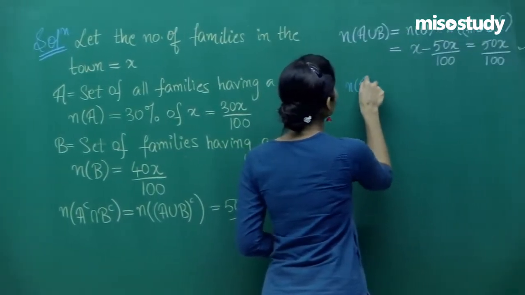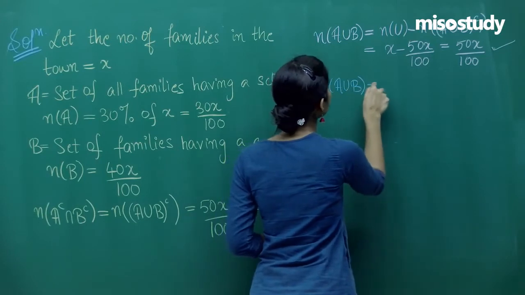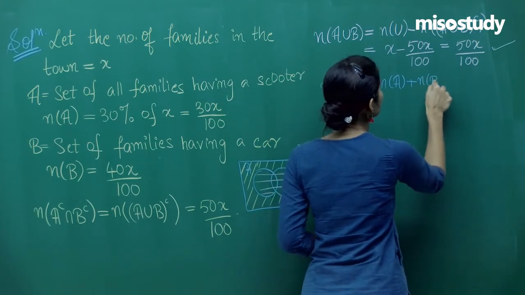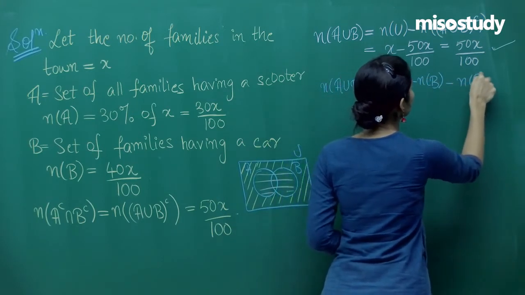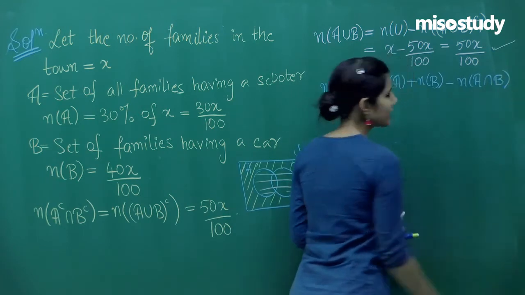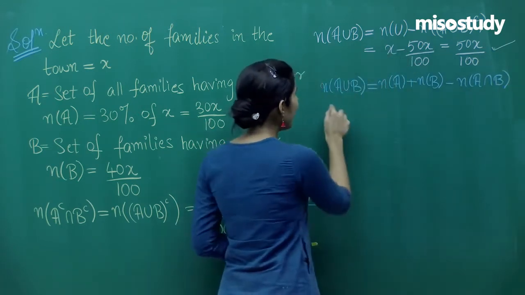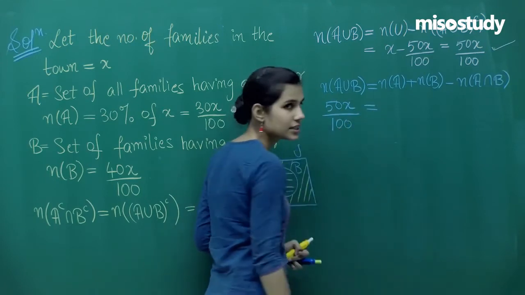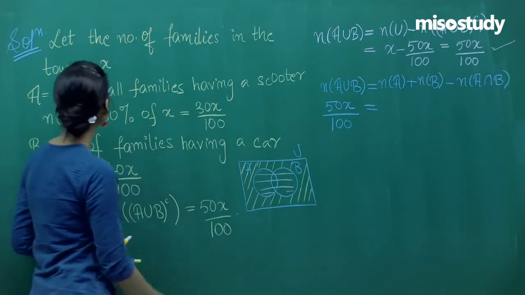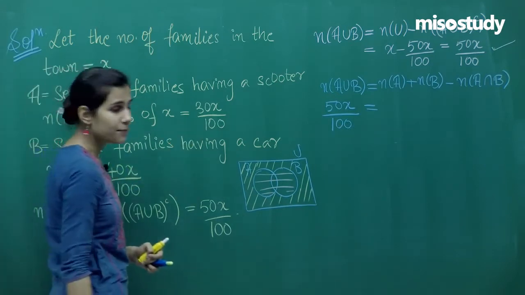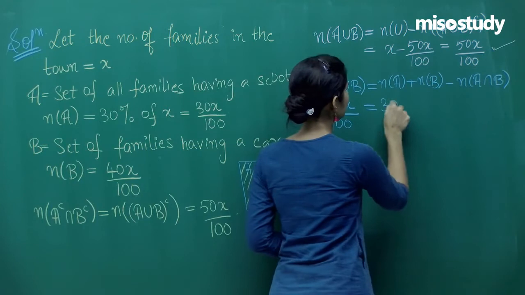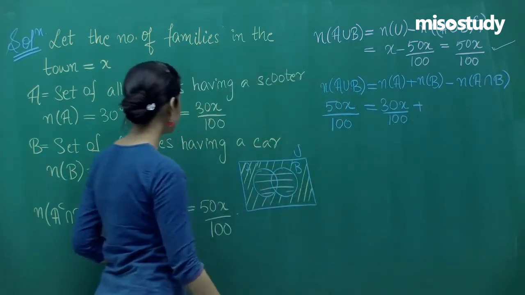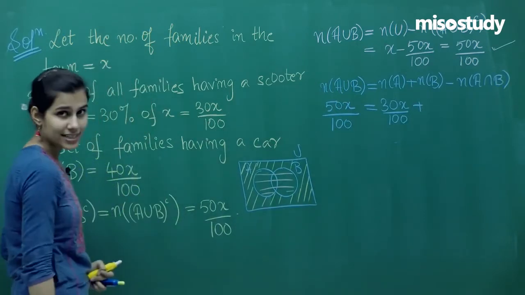We know that the number of members in A union B is the number of members in A plus the number of members in B minus the number of members in A intersection B. Union, I know how many members are there in the union, 50x upon 100. The number of members in A is 30x upon 100. The number of members in the set B is 40x upon 100.